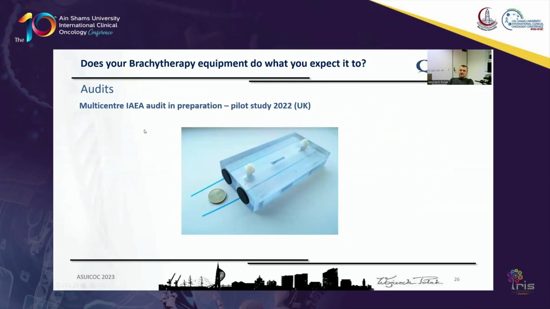There is a multi-center IAEA audit in preparation, and the pilot study was done in 2022 in the UK. There are some results, but I don't have them. But the design of the audit is very simple. They have two catheters that go in parallel to each other.